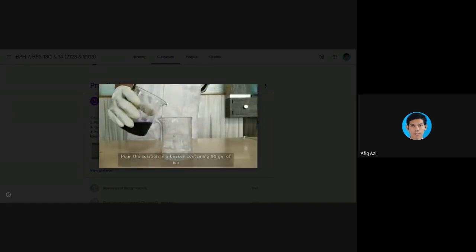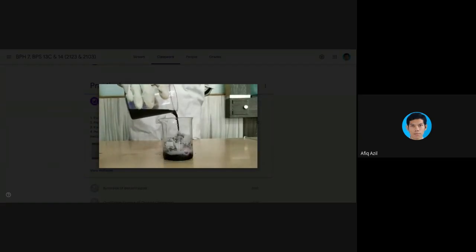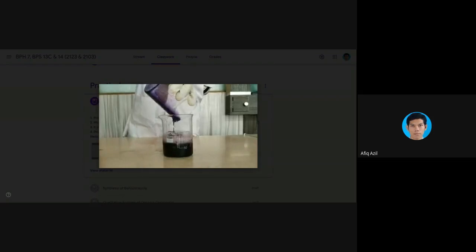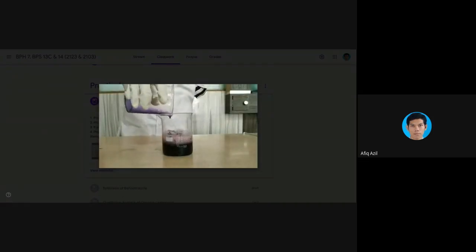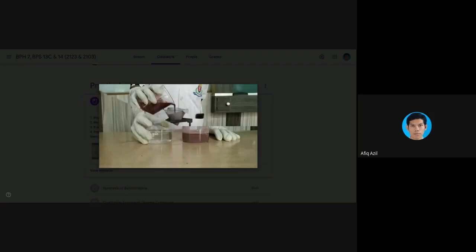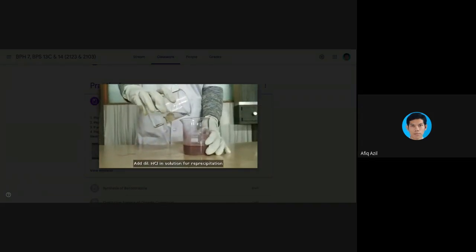Pour the solution in a beaker containing 50 gram of ice. Add dilute hydrochloric acid for reprecipitation.